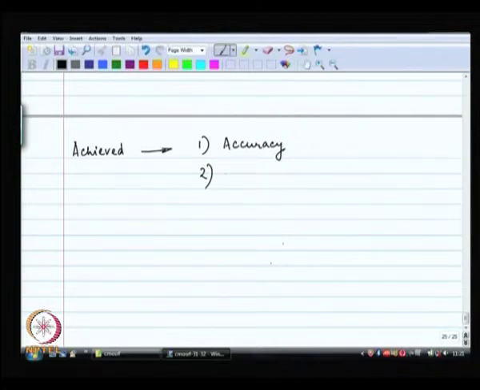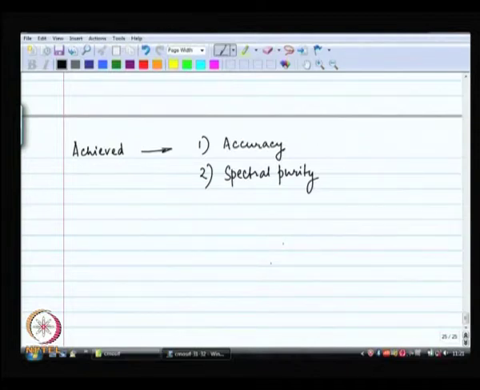I have also got spectral purity. Within the loop bandwidth, I have got spectral purity. Outside the bandwidth of the phase lock loop, the voltage controlled oscillator does whatever it wants to do, but within the bandwidth, the phase is controlled by the reference phase.